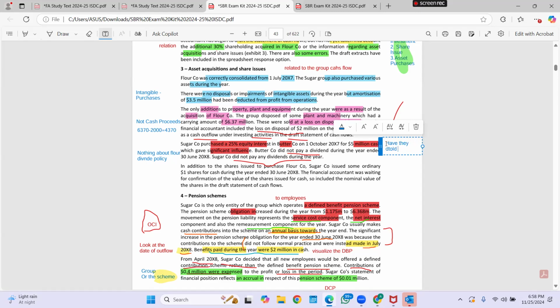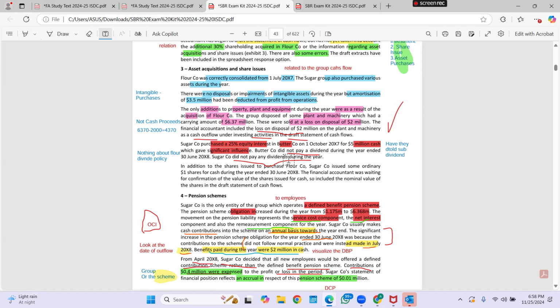No, right? So that means we need to find out how much dividend was received from the subsidiary. You will receive dividends from the subsidiary in addition to your profits. So you need to go and find that.